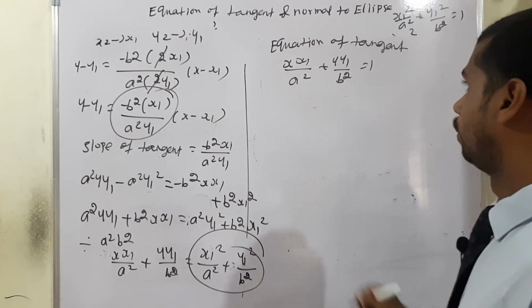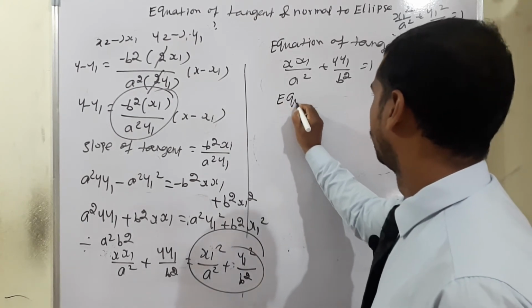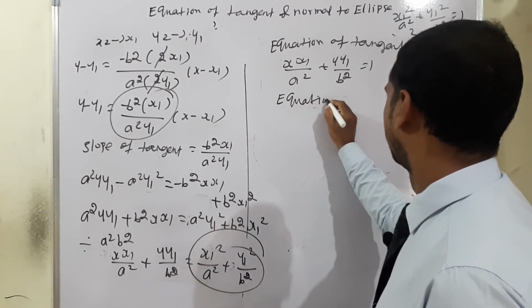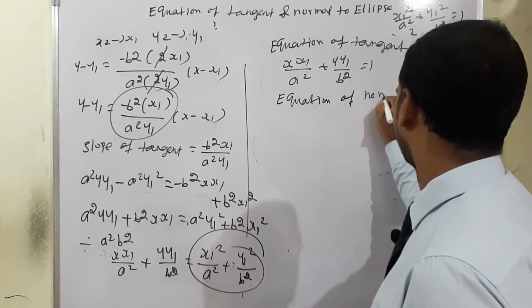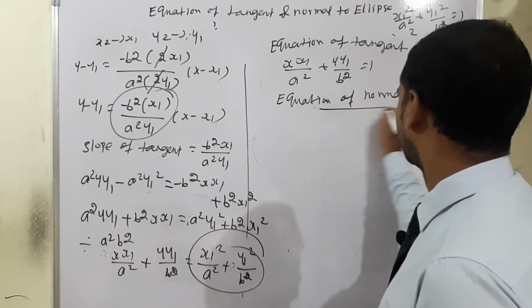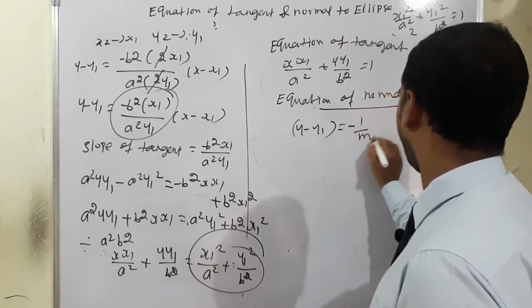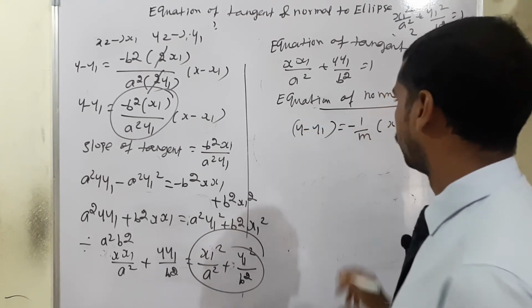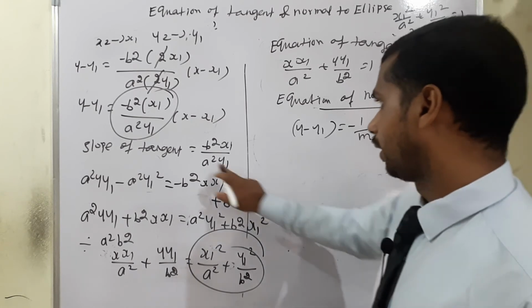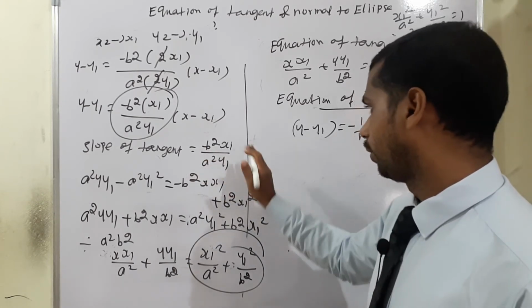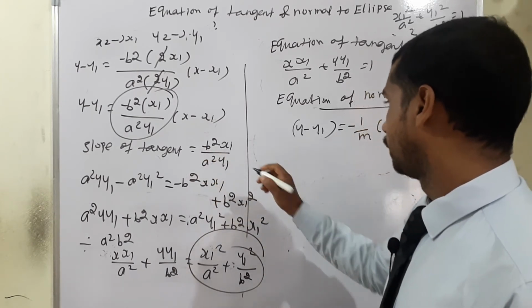So equation of normal formula: y minus y1 is equal to negative 1 by m into x minus x1. What is the meaning? Slope of the tangent, already negative sign is there, so we can cancel the negative. Then we have to write the reciprocal.